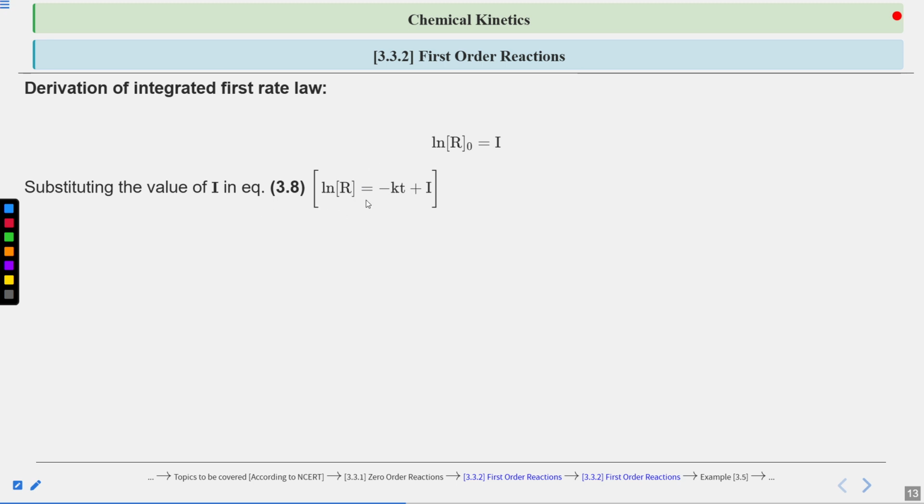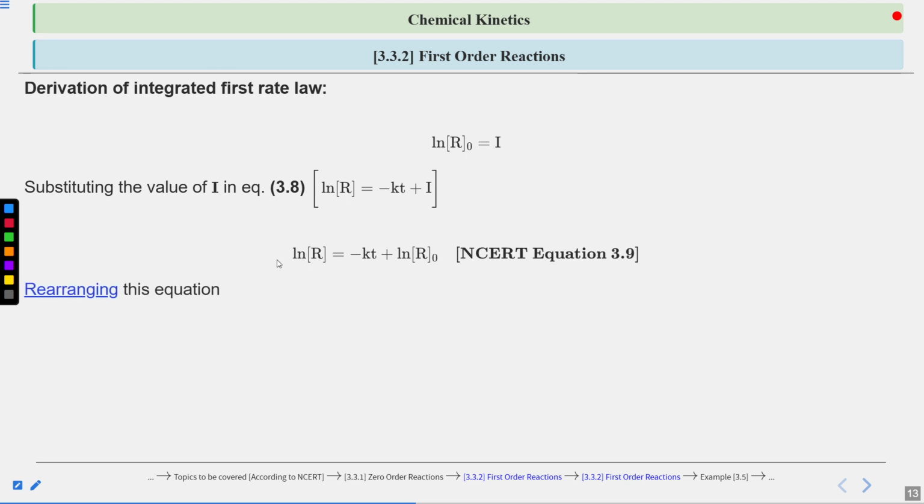The 3.8 equation was ln r is equal to minus kt plus I. Now when you put this I here, ln r will be equal to minus kt plus ln of r naught. We just put the I value we derived in this equation, and we get this equation as NCERT equation 3.9: ln r is equal to minus kt plus ln of r naught.